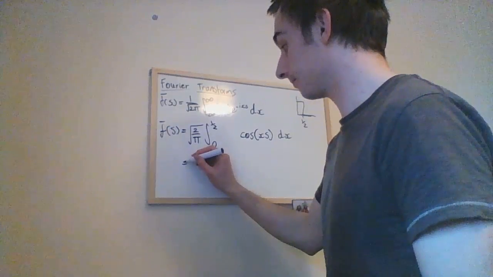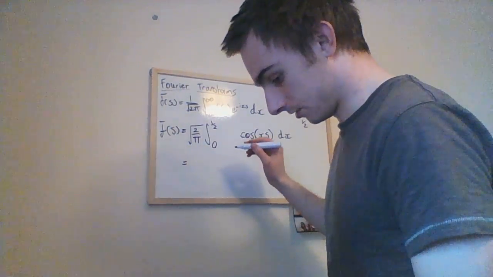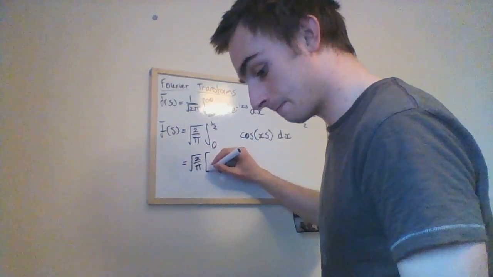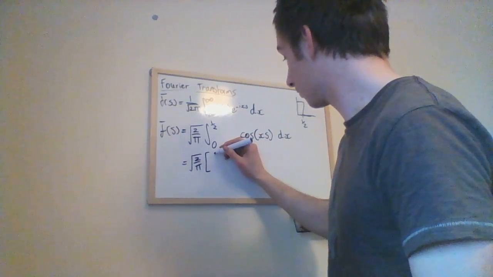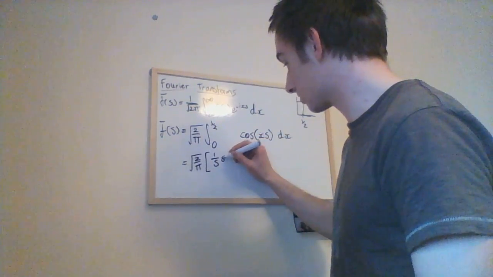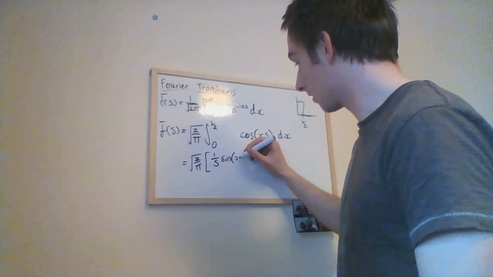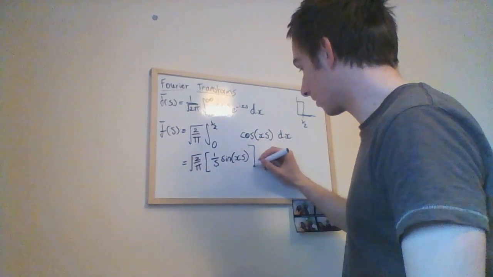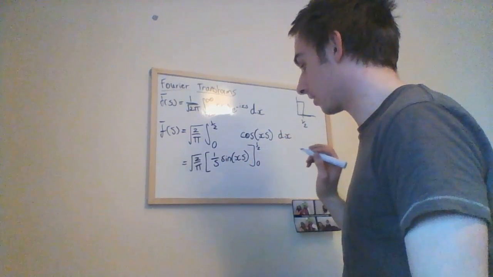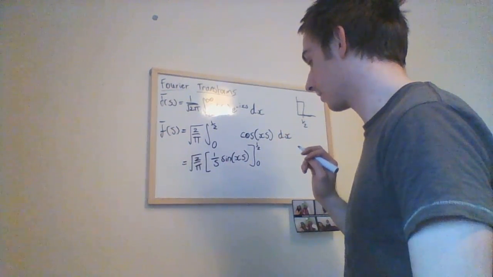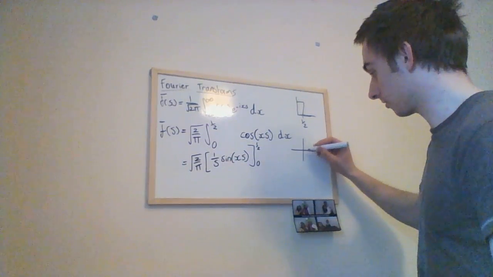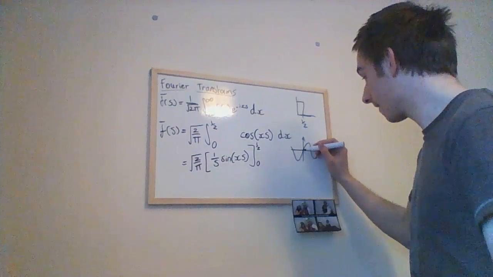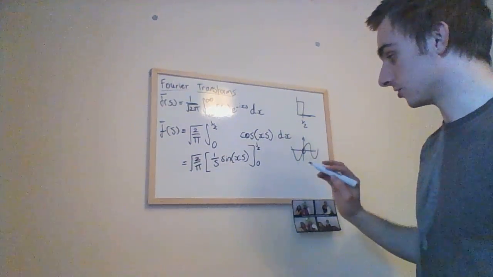So we go on, and that gives us 1 over s sine xs, evaluated between a half and 0. Okay, and let's look at a sine graph. That's what it looks like. What's a sine graph at 0? It's just 0.